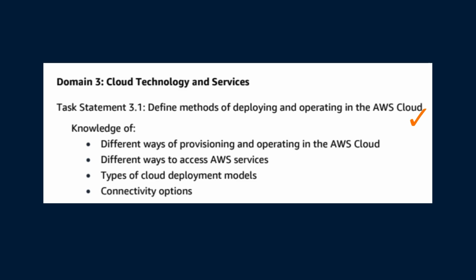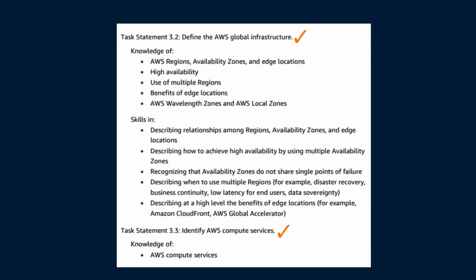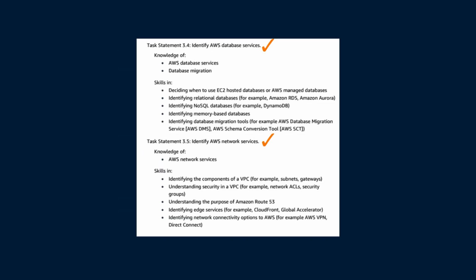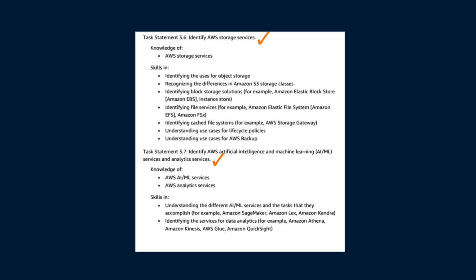It includes define methods of deploying and operating in the AWS cloud, define the AWS global infrastructure, identify AWS compute services, identify AWS data services, identify AWS network services, identify AWS storage services, identify AWS artificial intelligence and machine learning services and analytics services.